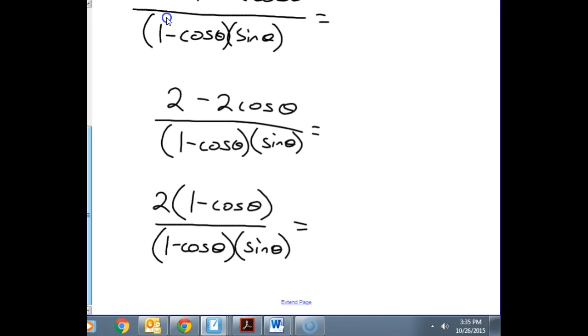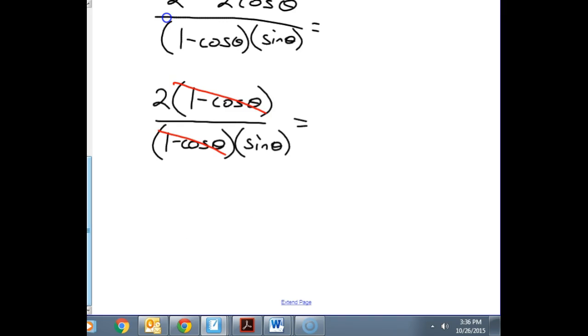You want this to match the other side. How can I get there? That's your objective, so all through these problems, keep thinking about that. These 2 cancel, and you're left with 2 over sine of theta.